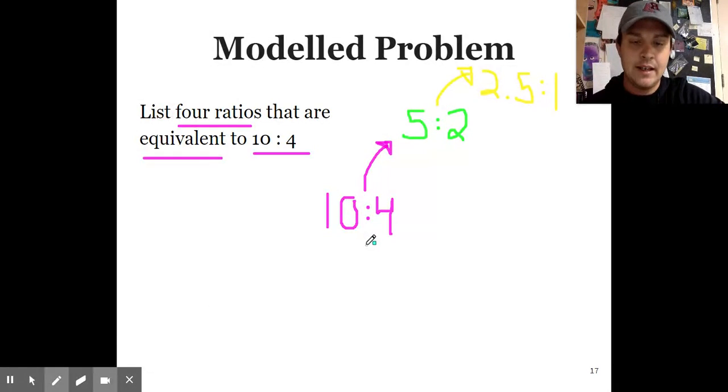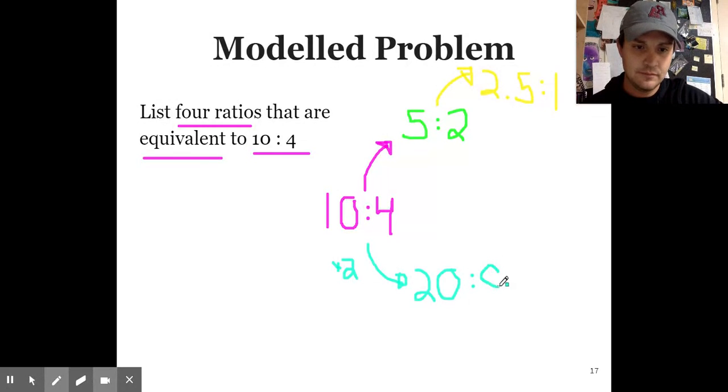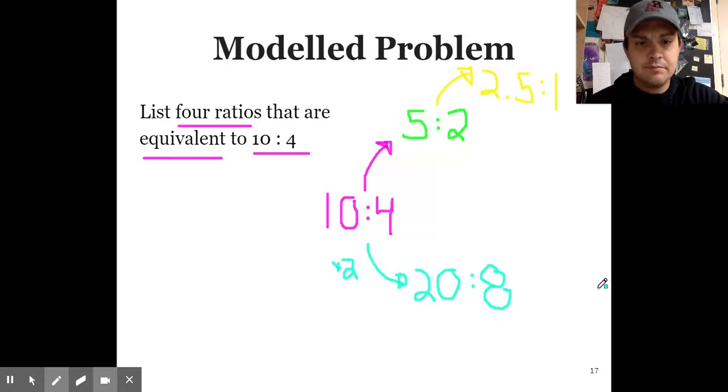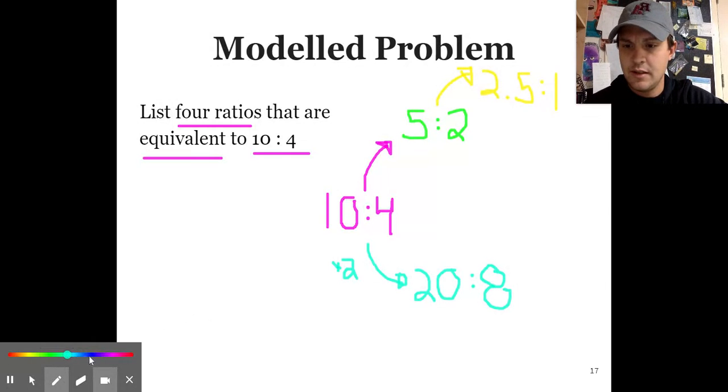So if I did 10 times 2, I get 20. And if I do 4 times 2, I get 8. That's 4, but I want to just give you one more just to do it.